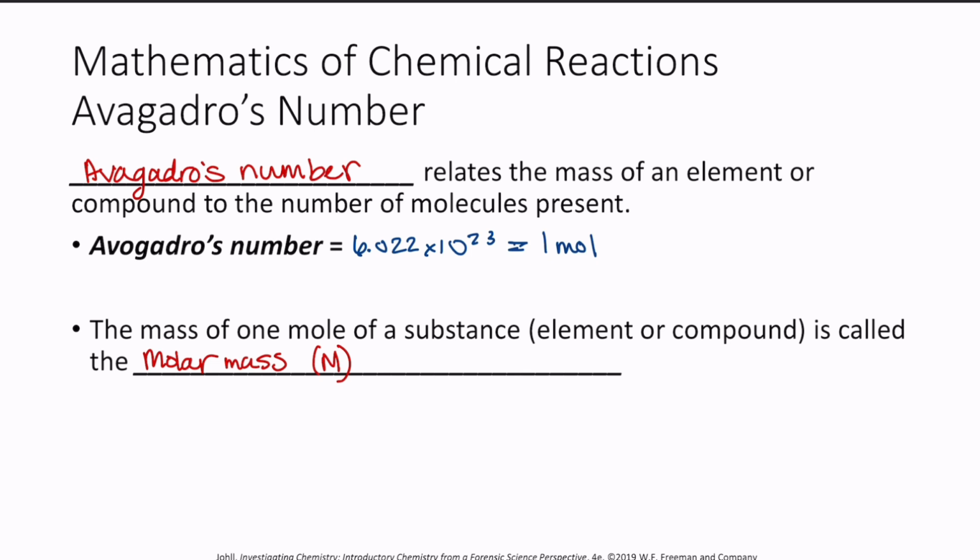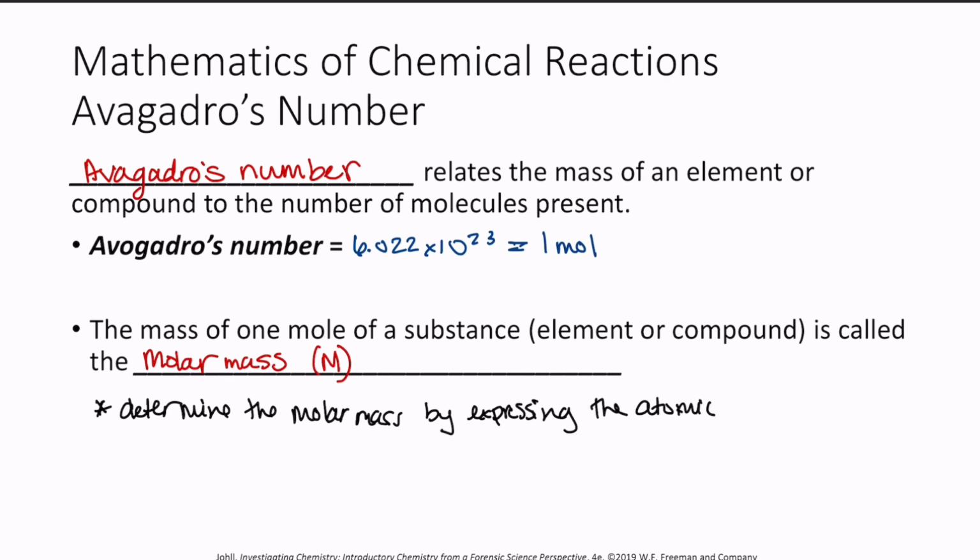Now, you determine the molar mass by expressing the atomic mass from the periodic table in grams per mole.